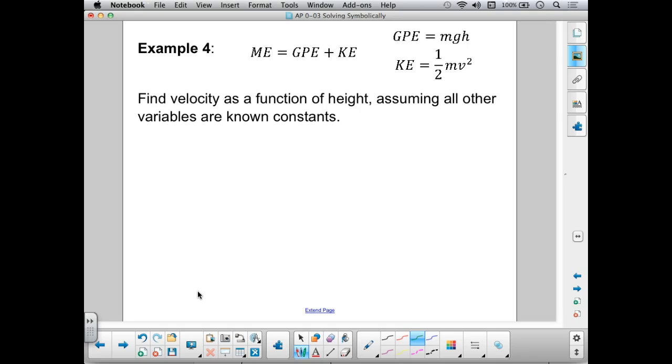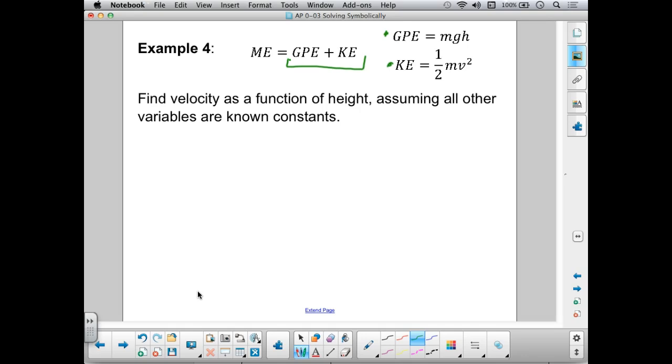Here is example 4. I have the energy equations. Mechanical energy, the total mechanical energy, is the sum of the gravitational potential energy and the kinetic energy. And each of those terms is defined for you over there on the right.